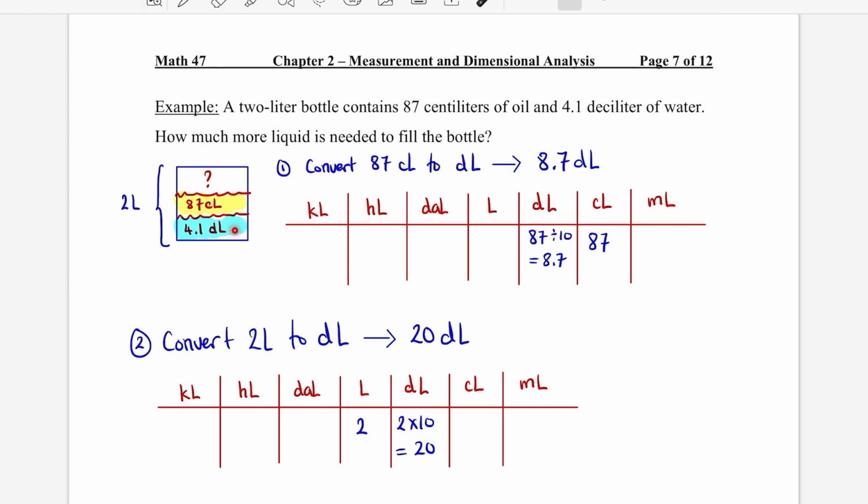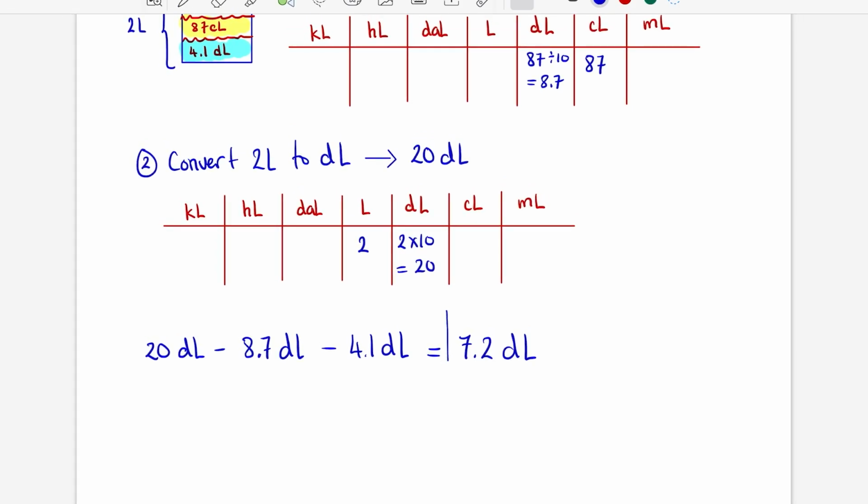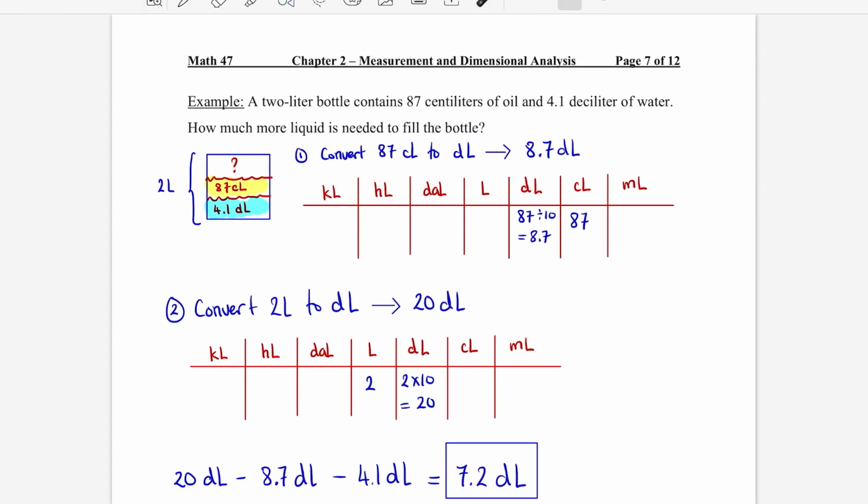The blue part is 4.1 DL. I want to find this empty part, so I take 20 DL, subtract 8.7 DL, subtract 4.1 DL, and I get 7.2 DL. So I will need an additional 7.2 DL of liquid in order to fill up the bottle.